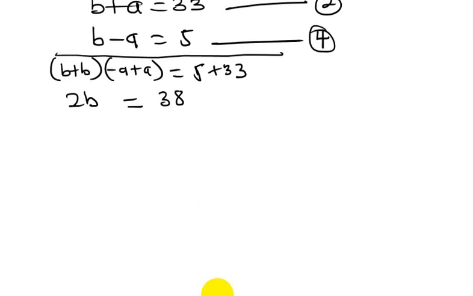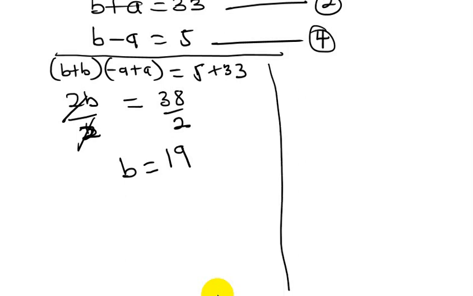Then I'll divide here by 2, and I'll divide here by 2. So the 2 and 2 will go away, and I'm going to get B being equal to 19. Now I'm getting B equals 19.